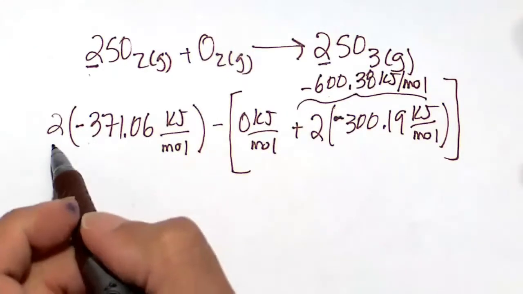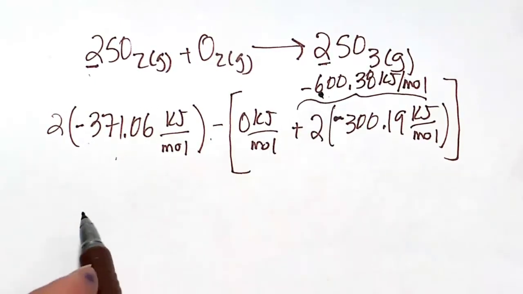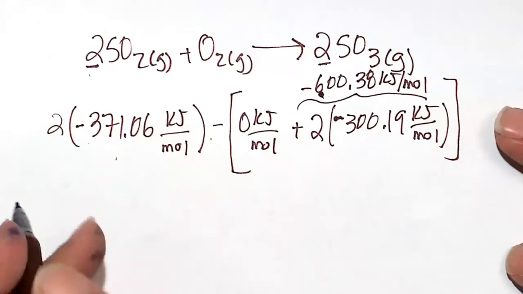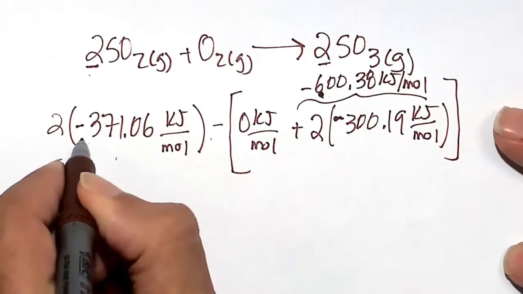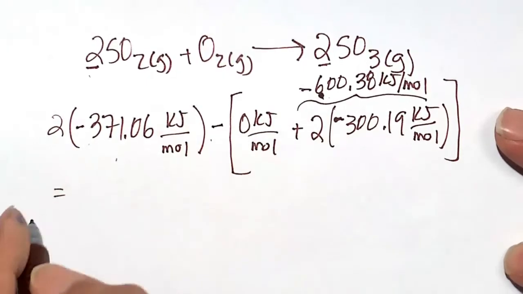So minus into minus is plus. At the end, the reaction will be minus 2 times 371.06, minus into minus, plus 600.38.